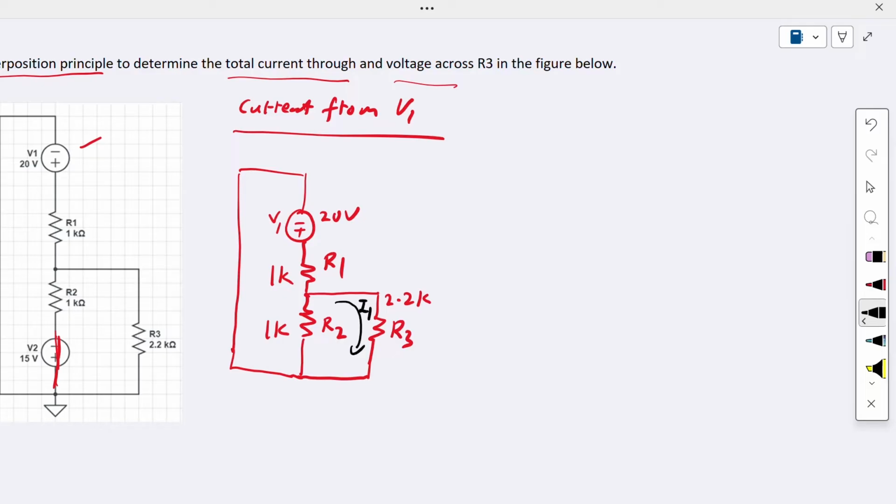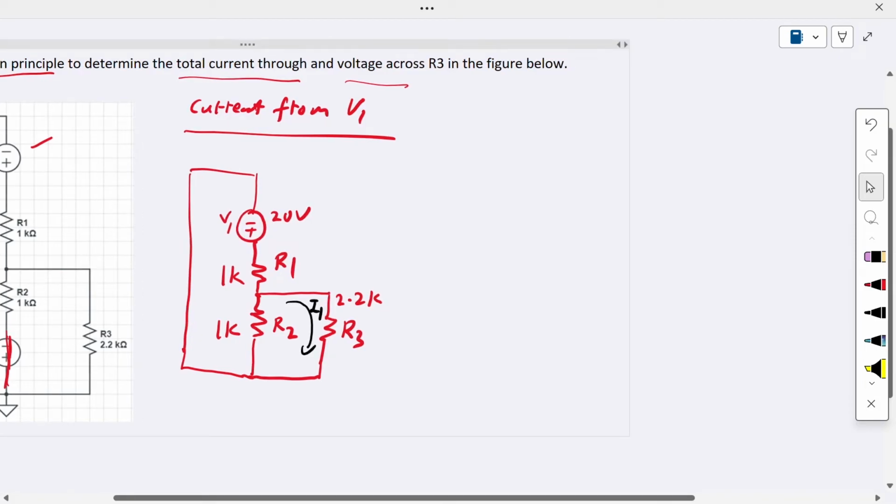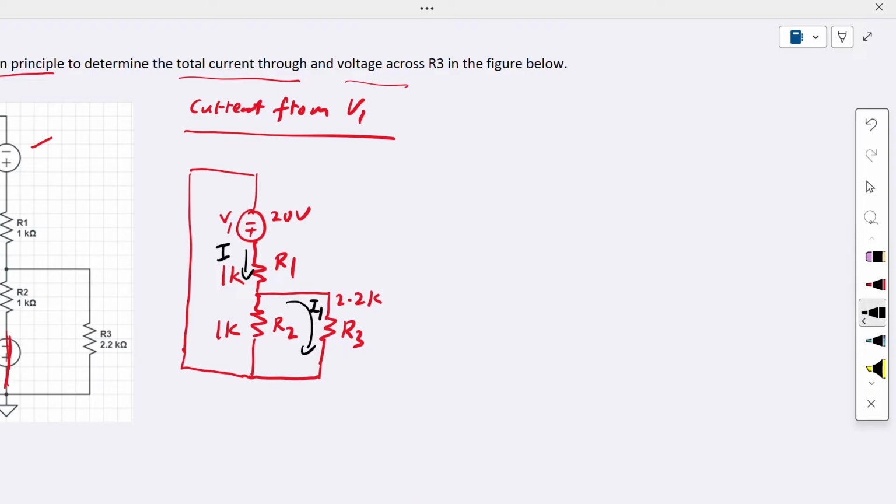Now we can use the current divider. We first find the current flowing here. Let's denote this current as I. So I have to find I. First we need to find the equivalent resistance of this circuit. Let me give some node here, say this is node A. The equivalent circuit at node A is R2 and R3 in parallel.